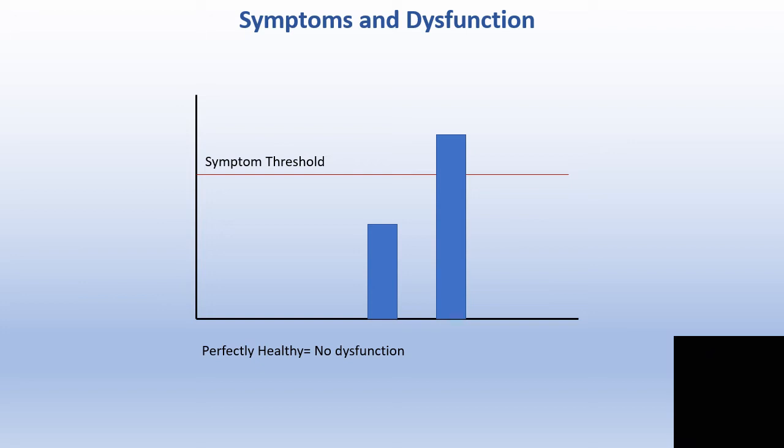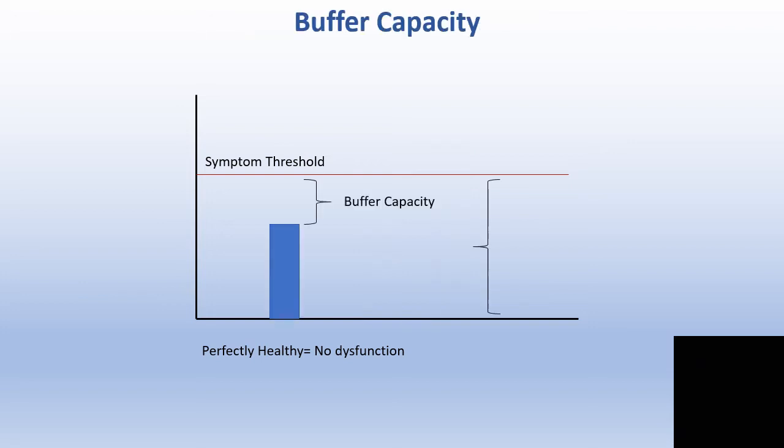So the bar graph on the left shows that it is far below symptom threshold, and that space between the top of the blue graph and the red line represents what we would call a buffer zone, meaning there's capacity there to handle additional load. The bar on the right-hand side has clearly crossed threshold, and there's several factors that cause the human structure to have a lower threshold of injury, and we're going to talk about those over the next few slides.